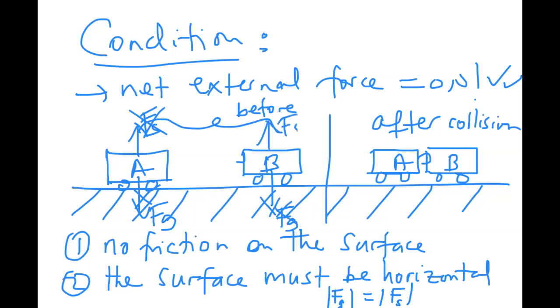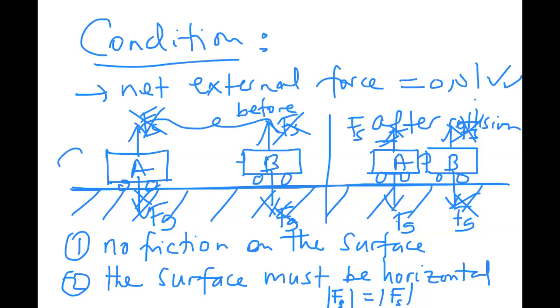For that to be the case, the surface must be horizontal. If it is level and there is no friction, then we are sure that the net external force is equal to 0, and then we can apply conservation of momentum.